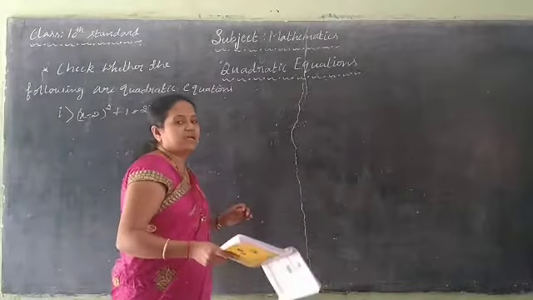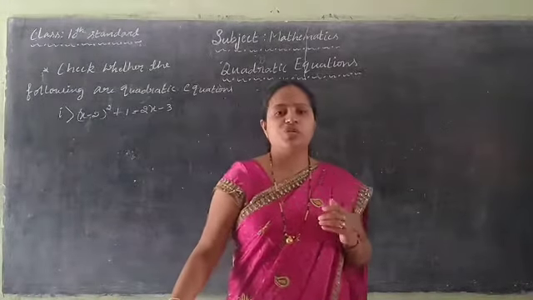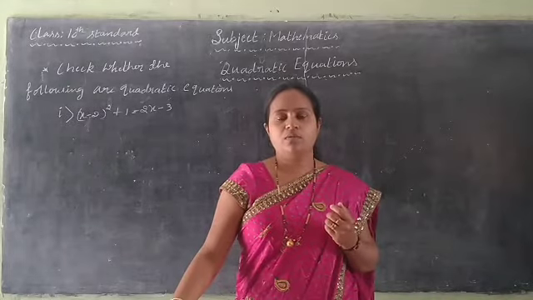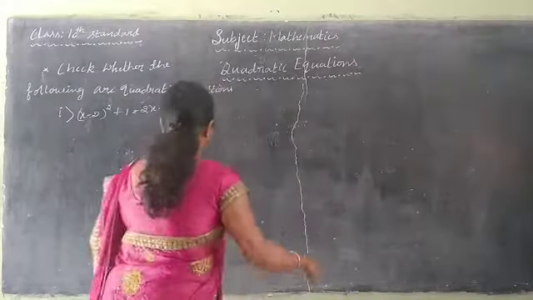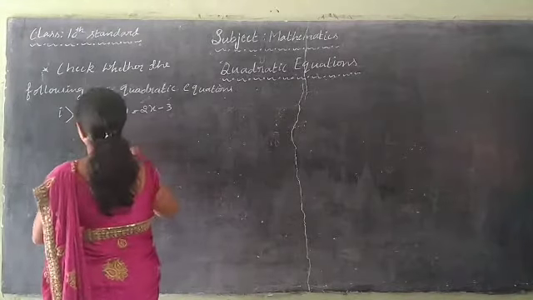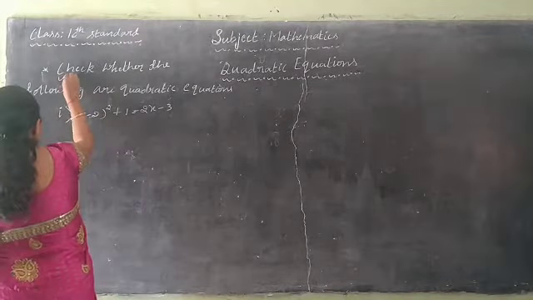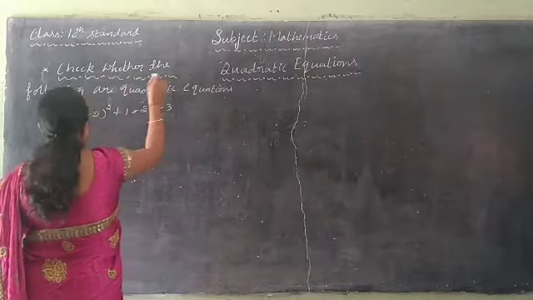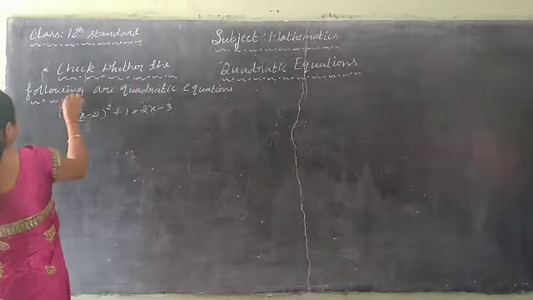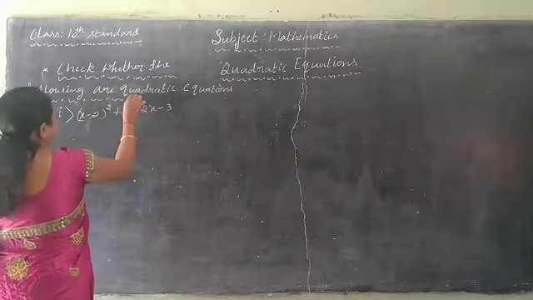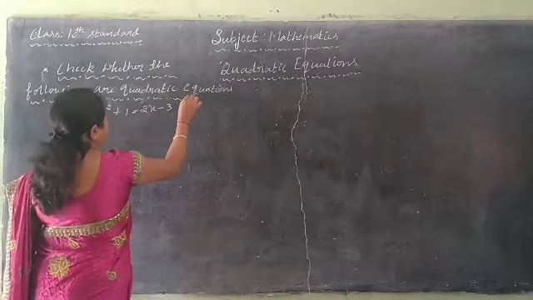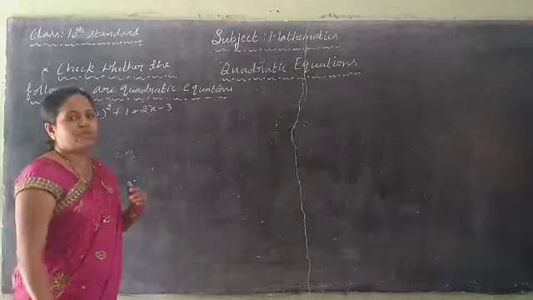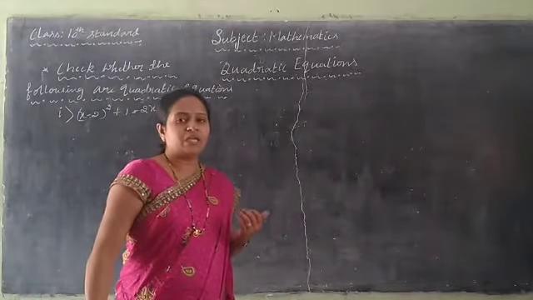See children, here they have given one equation. We have to check whether this is a quadratic equation or not. Understood? The equations which are in the form of ax square plus bx plus c is equal to 0 are called quadratic equations.